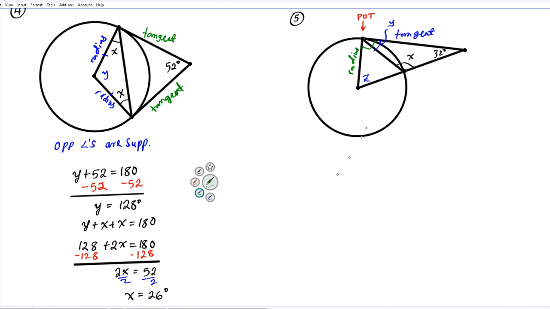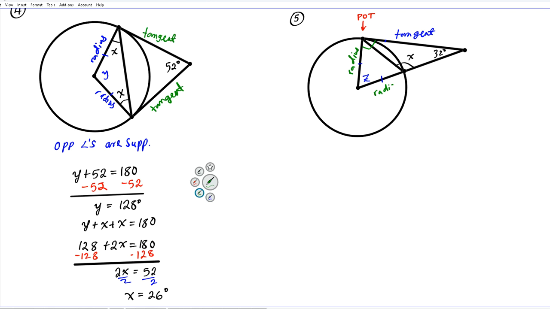To get us started, we can find out what the measure of angle z is. Let's make a quick correction right here. We can use a different approach. So that one is 90 degrees. Since this is a radius right here and this is another radius right here, this portion right here is also a radius.